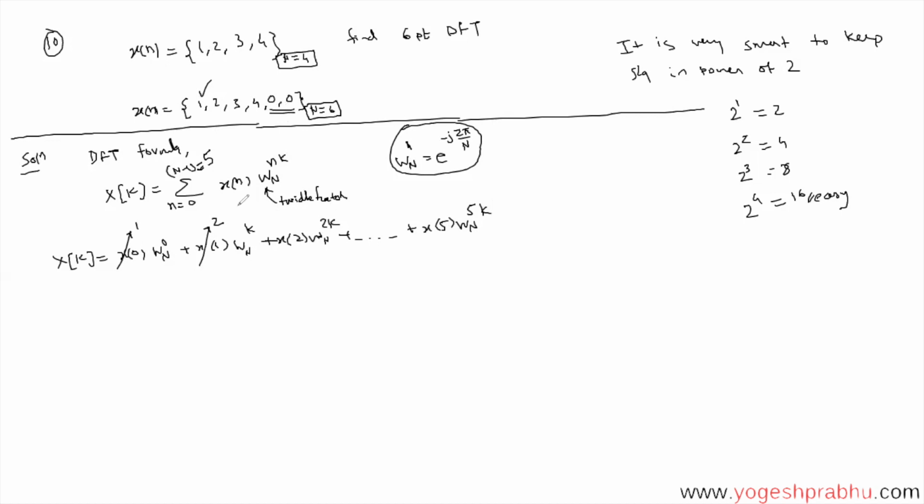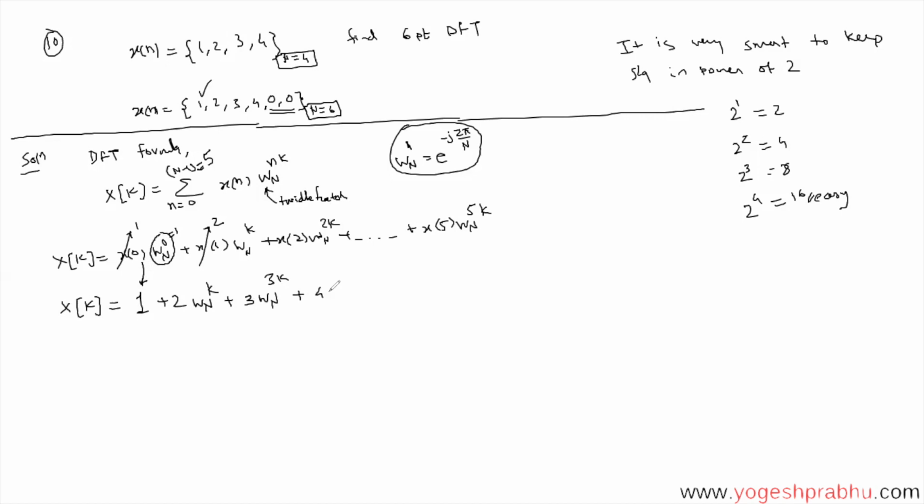Okay. So what do you get X of k as? Let's write it down. Look, W_N raised to 0 is also 1. Anything to the power 0 is 1. So this first term is 1. Then you have 2 W_N raised to k. Then you have 3 W_N raised to 2k.